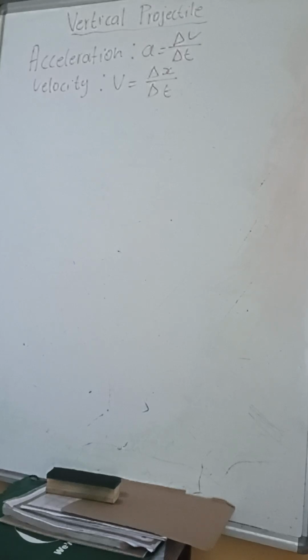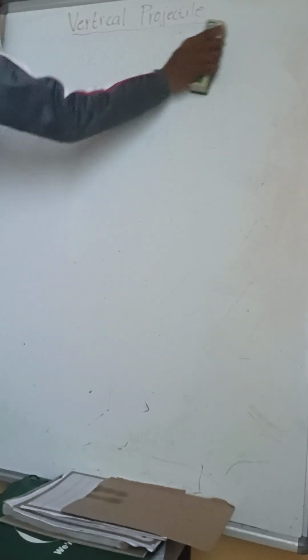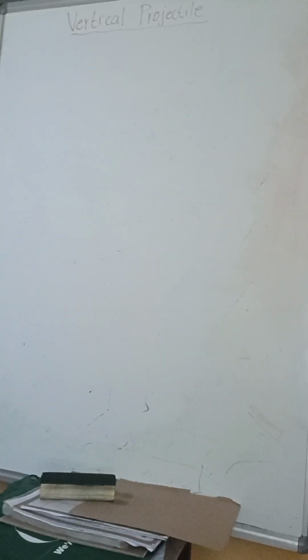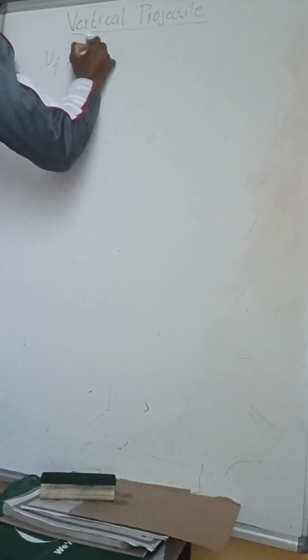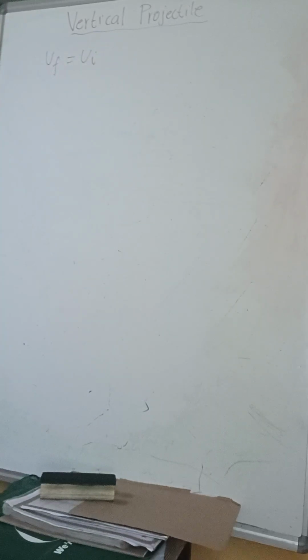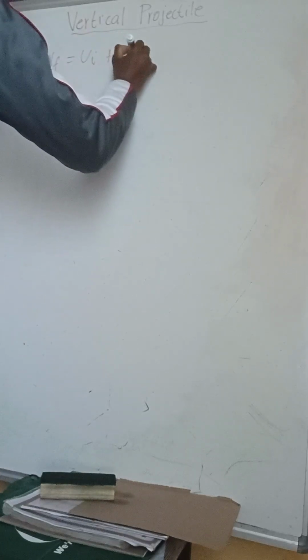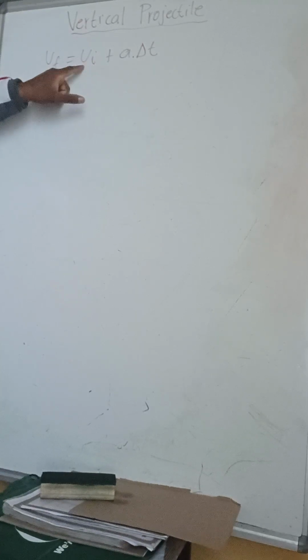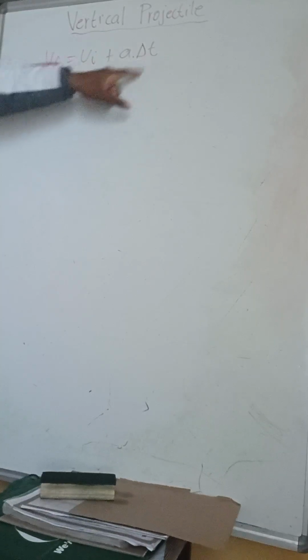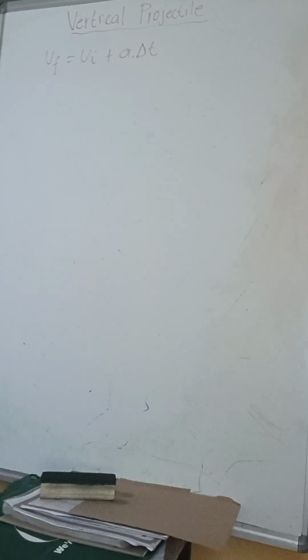So now from here, let us look at the formulas that you will use in vertical projectile. We have Vf is equal to Vi plus A multiplied by delta t. Vf here is the final velocity, Vi is the initial velocity, A is acceleration, and delta t is a time in seconds.